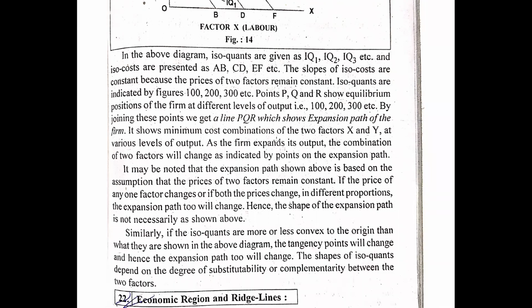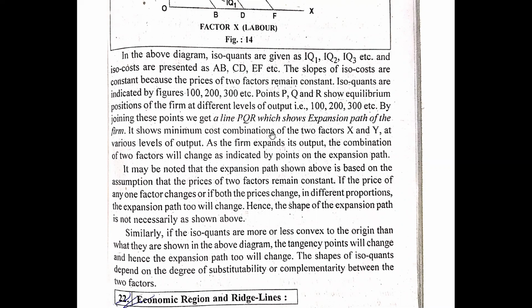Now we will understand that in the above diagram, isoquants are given as IQ1, IQ2, IQ3, etc. And isocosts are represented by A, B, C, D, E, F, etc. The slopes of the isocost lines are constant because the prices of the two factors remain constant. Isoquants are indicated by figures 100, 200, and 300, etc. Points P, Q, R are the equilibrium positions of the firm at different levels of output, that is 100, 200, 300, etc. By joining these points, we get a line PQR, which shows us the expansion path of the firm.